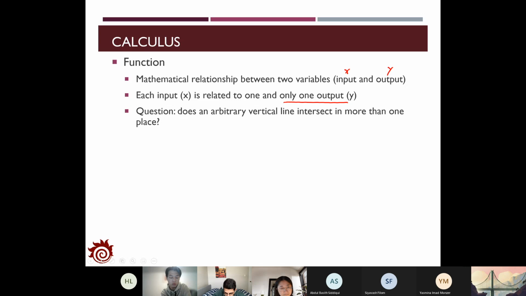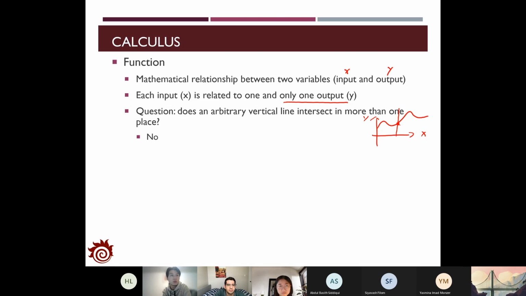Do you think it's possible? The answer is it's usually impossible to get more than one intersection point, unless you have some shape described by an equation that is not a function. So usually for a function, with x and y, you only have one intersection with the vertical line. That's what I mean here.